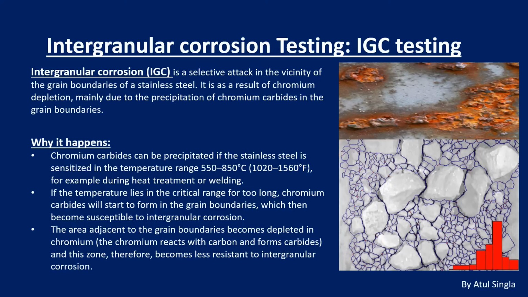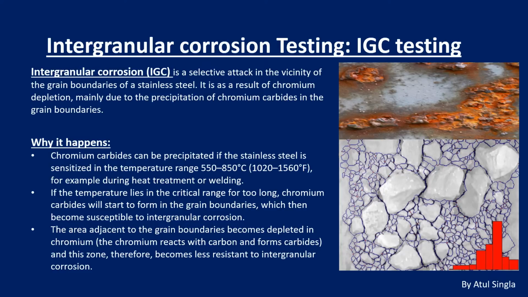If the temperature lies in the critical range for too long, okay, if this temperature range comes only momentarily, for a very short period, then it is okay, it doesn't happen. But if it is there for a longer period, then chromium carbides will start to form in the grain boundaries, which is susceptible to intergranular corrosion. The area adjacent to the grain boundary becomes depleted in chromium.